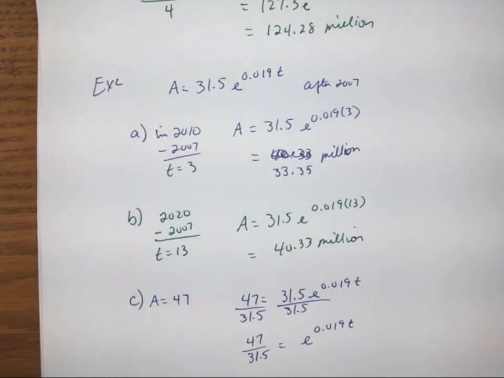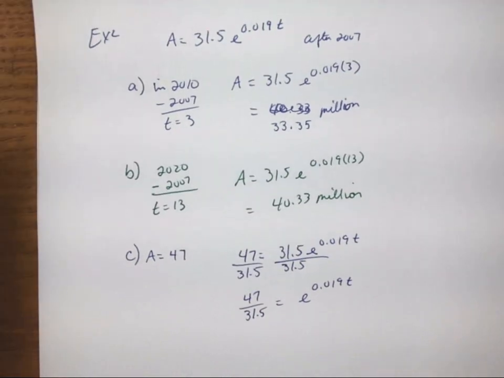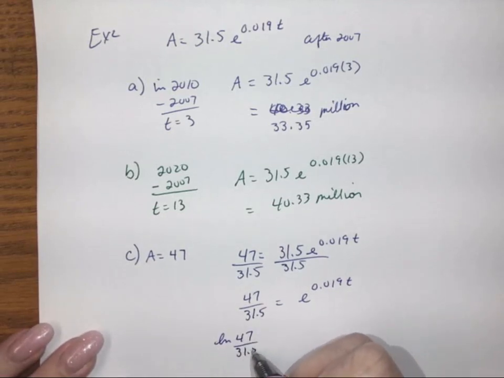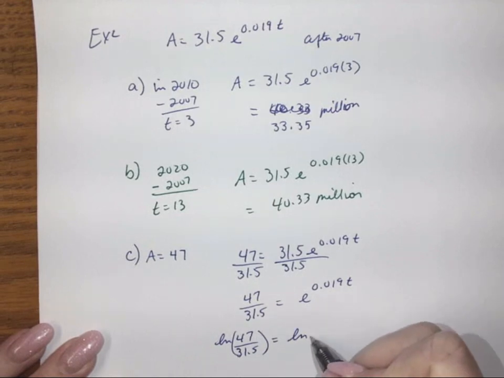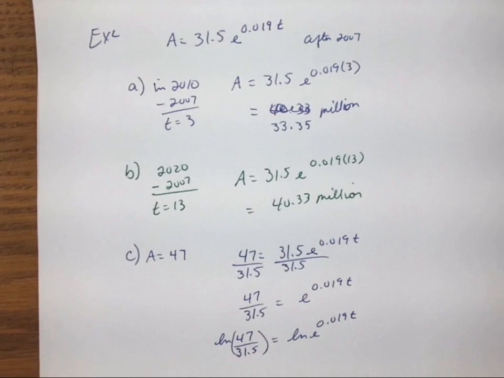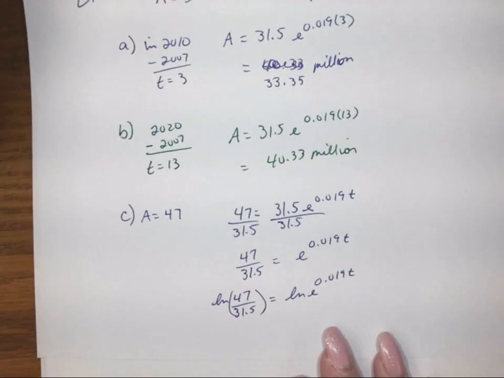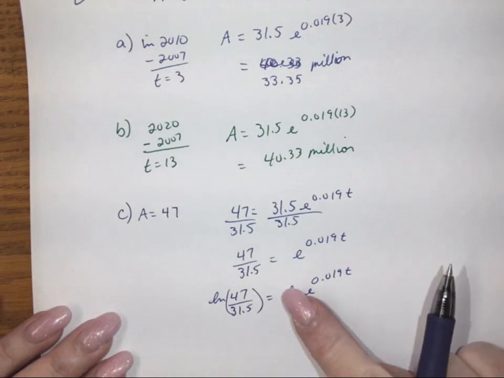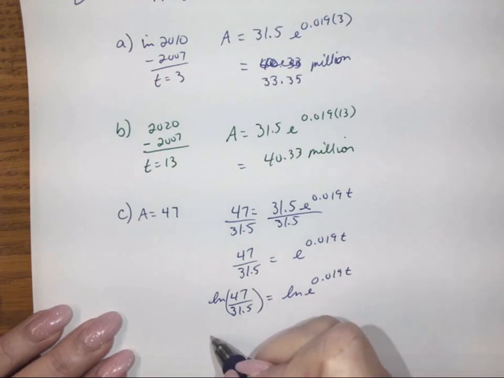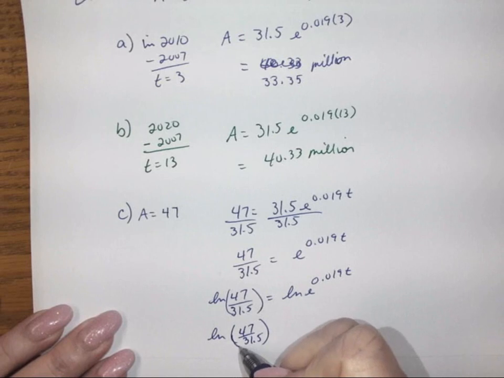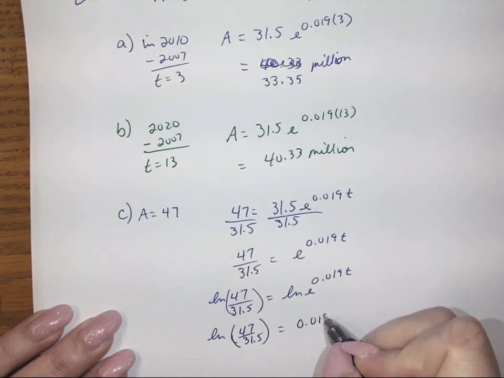Well, we need to take the natural log of both sides in order to solve for t. So we'll have the ln of 47 divided by 31.5 is equal to the ln of e to the 0.019 t. Remember that ln and e undo each other, and by our natural log properties, we will end up with just the exponent. So the ln of 47 divided by 31.5 will be equal to 0.019 t.